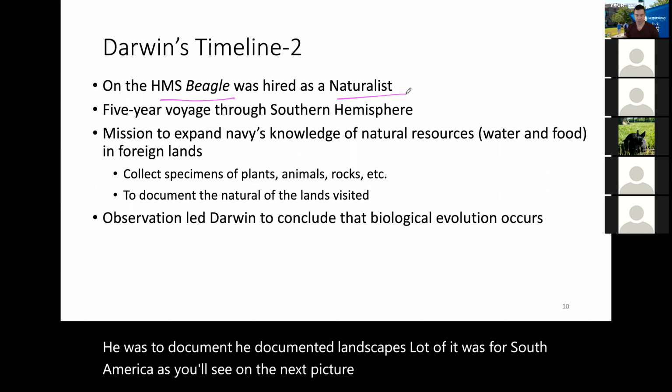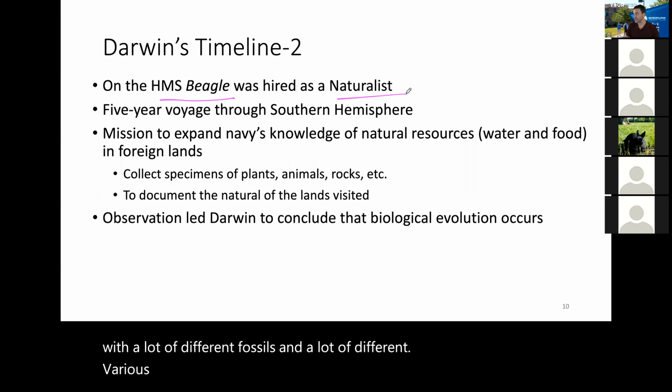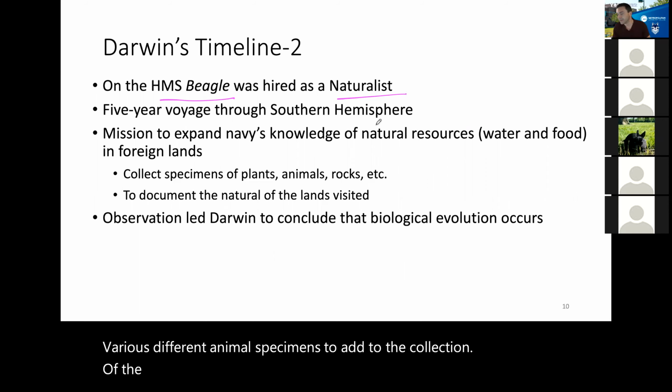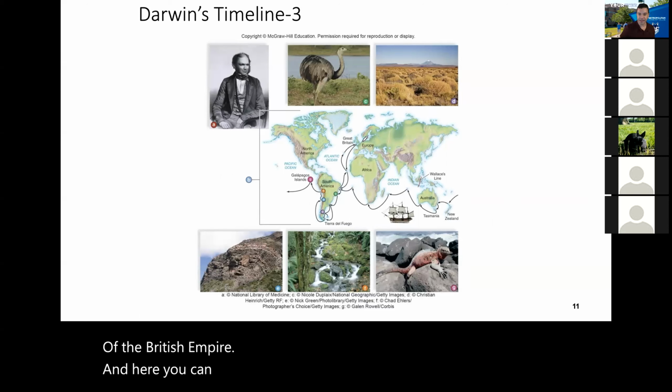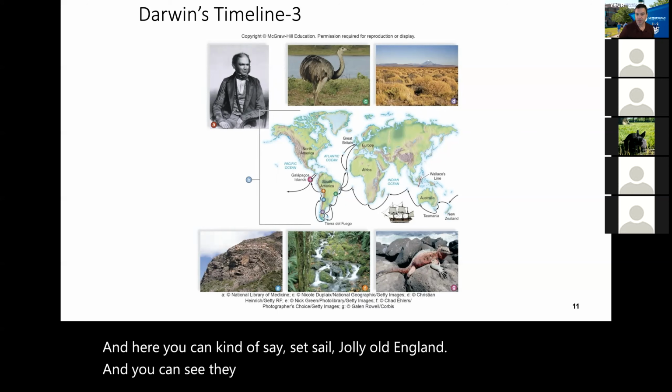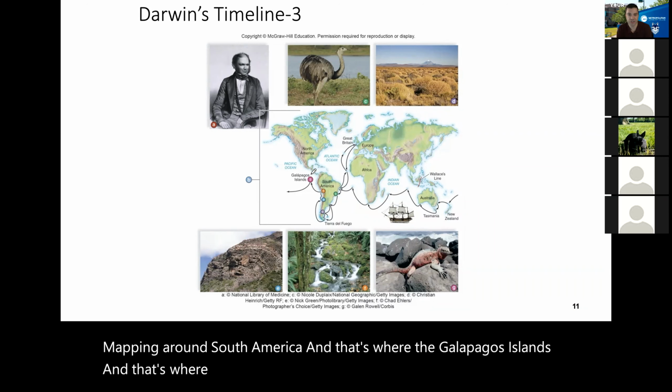He was able to come back with a lot of different fossils and various different animal specimens to add to the collection of the British Empire. And here you can kind of see, set sail, jolly old England. And you can see they did a lot of mapping around South America, and that's where the Galapagos Islands are, and that's where we have all of our information today.